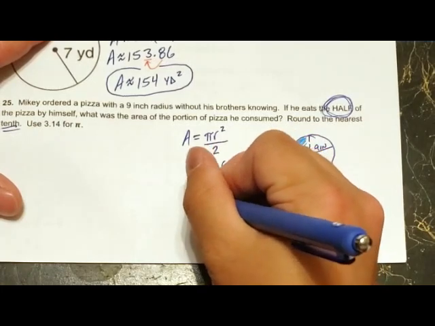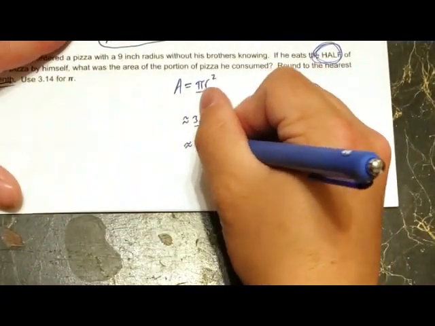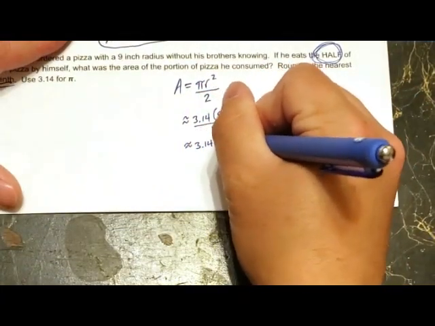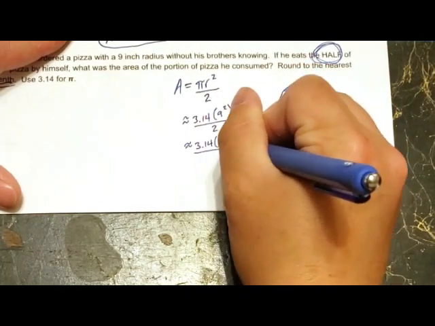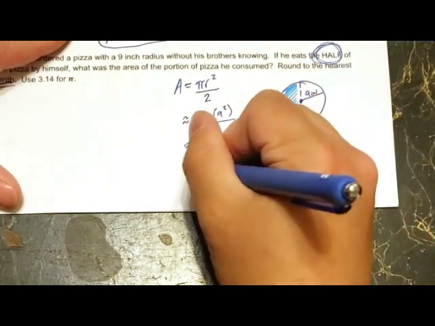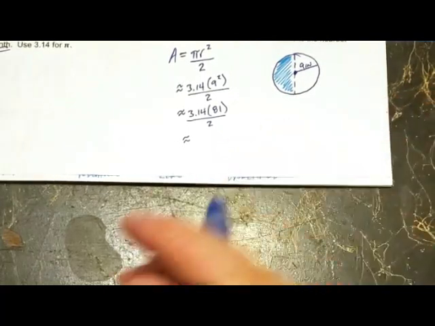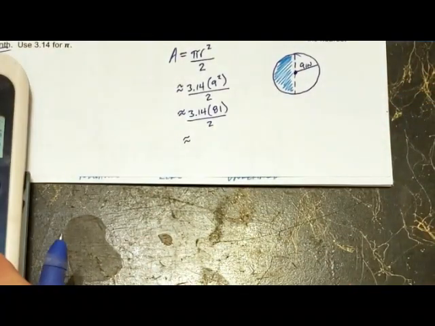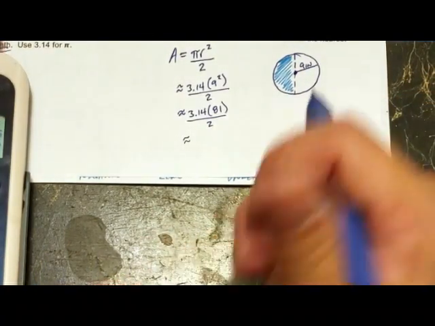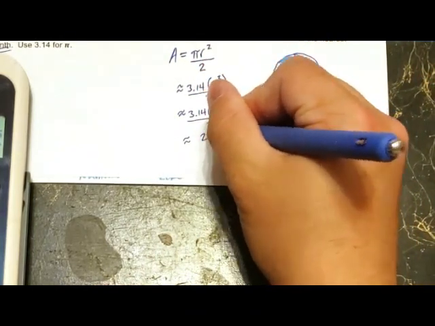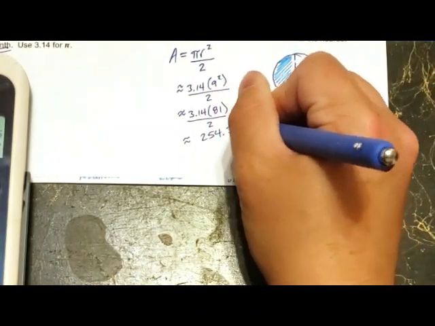All right? So that would be 3.14 times 81 divided by 2. 3.14 times 81 is 254.34.